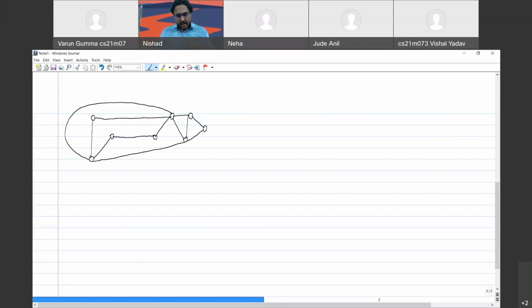Okay. Let's see. Am I missing some edge? Yeah, I'm missing one edge here. Okay. So let's consider this graph, and let me label the vertices simply using numbers 0, 1, 2, 3, 4, 5, 6, and 7. Okay. So we've got our graph G.